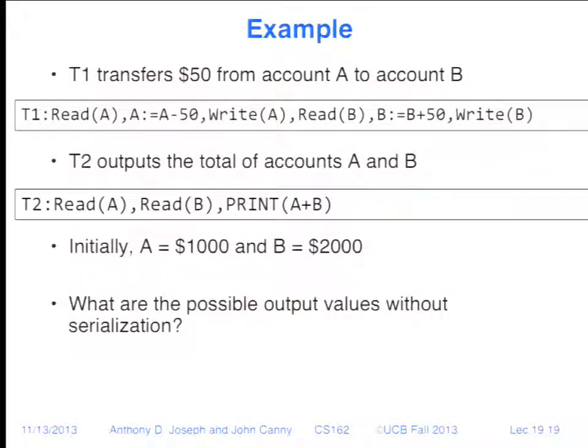Well, what one do you want? We want 3,000, right? And it will print 3,000 in particular if T2 comes before or after T1. But what are the other possibilities? How many other possibilities are there, and what are they?